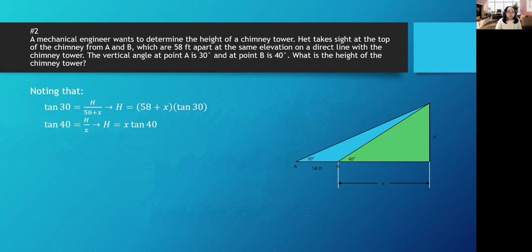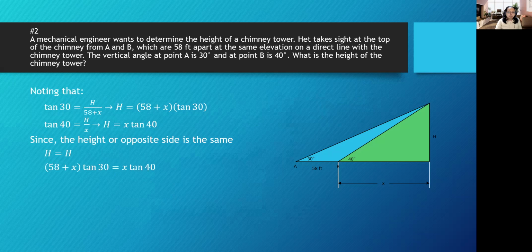And we also have the tangent of 40 degrees is equal to, again, opposite over adjacent, h over x. And we again express that in terms of h. And since the height or the opposite side of both viewing angles is the same, which is h, then we can equate both sides using the respective equations solved previously. Using this, we are able to solve for the value of x, which is approximately 127.9327 feet.